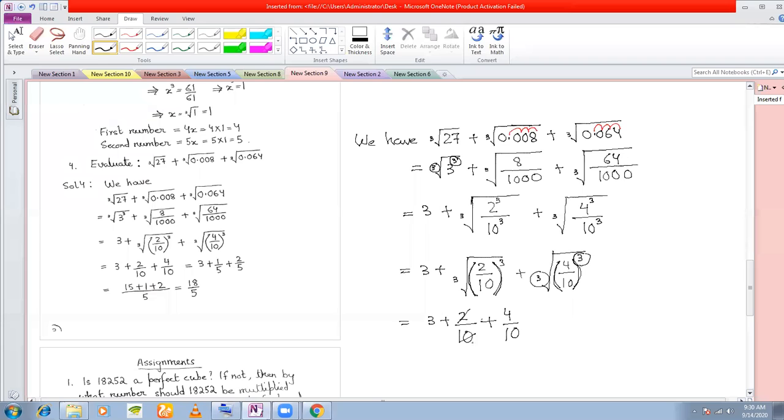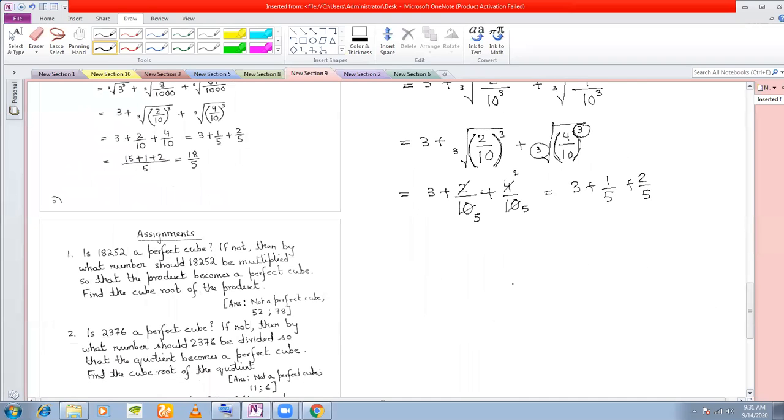Okay, so you cancel this with 2, cancel this with 2. So you get 3 plus 1/5 plus 2/5. Now you can take the LCM. So you get 3 into 5, 15 plus 1 plus 2. So you get 18 by 5. Okay. So this is your answer.